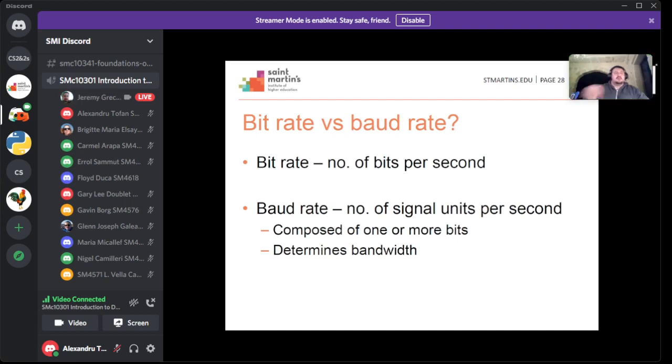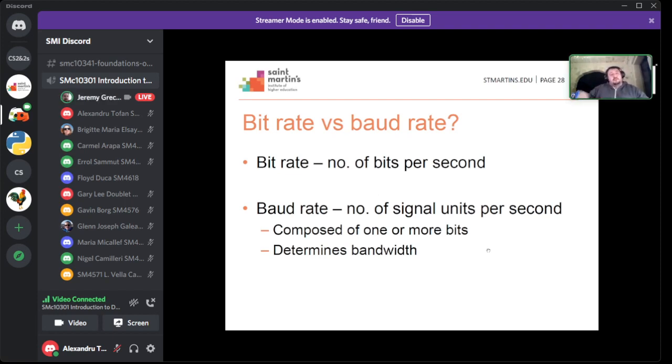Signal units do not necessarily equate to ones and zeros. Sometimes you can send more than one bit at a time. Sometimes you might be able to send chunks of bits at any given point in time. Sometimes you might be able to send packets. You might have heard of the term packet.